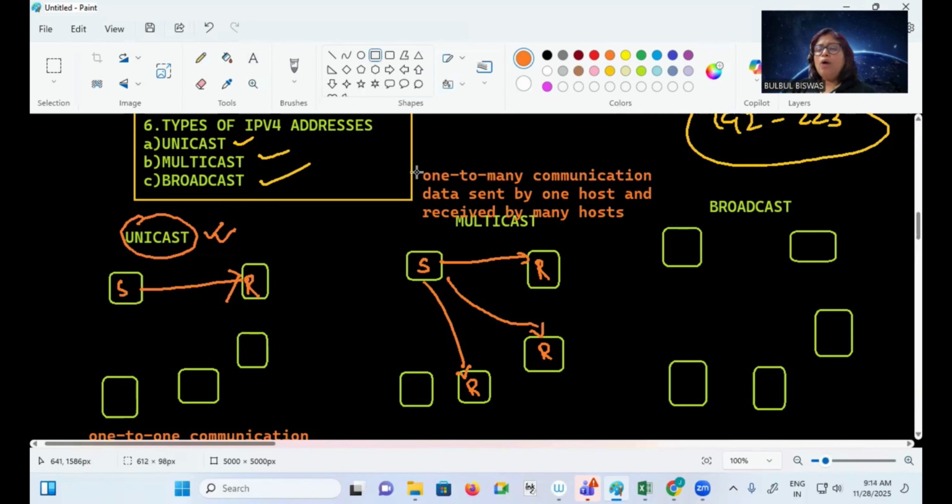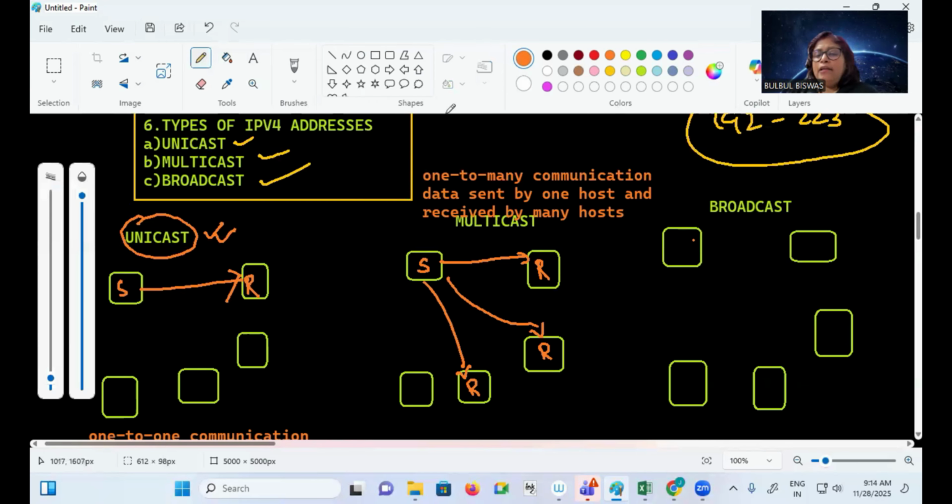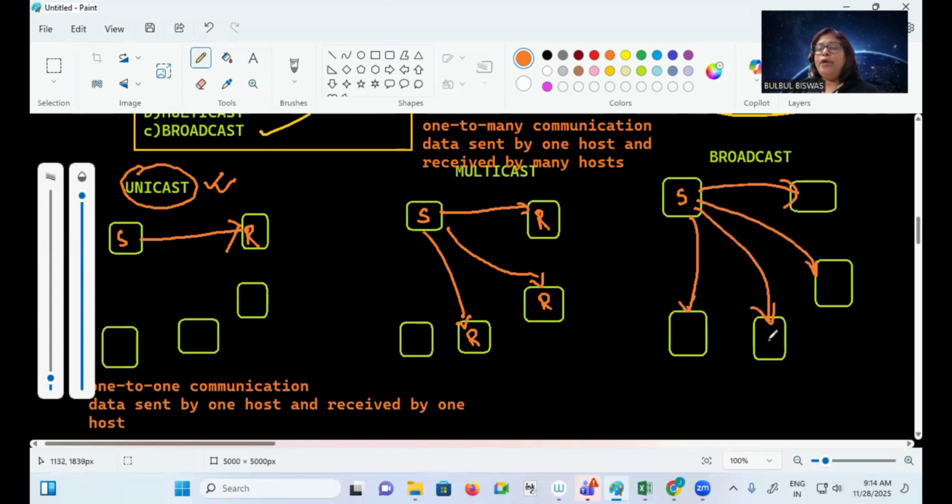Fine. Now the last type of communication is broadcast. What is broadcast? It's a very interesting thing. In a network, when a host is sending data, it sends it to all hosts at a time. Is it clear? Like a WhatsApp group: when we send a message, it is received by every person in that group. In the same way, broadcast communication is done when a host wants to send a common message to every host in the network.